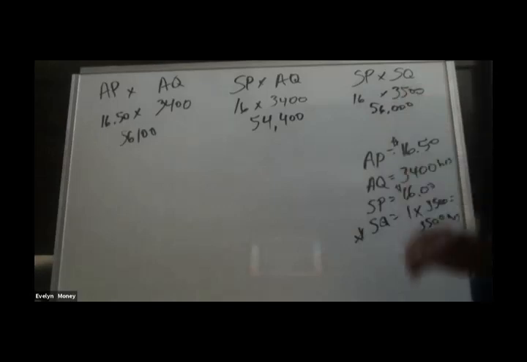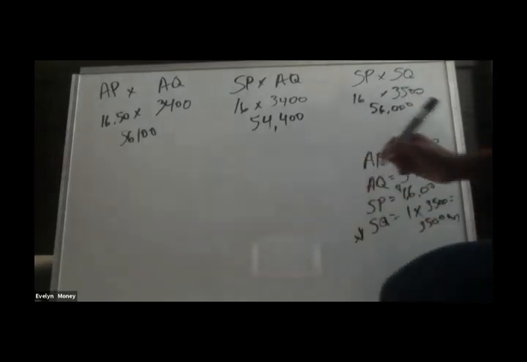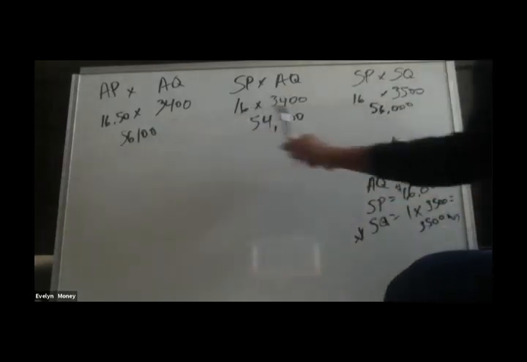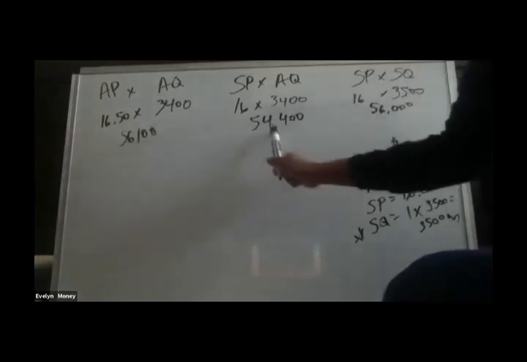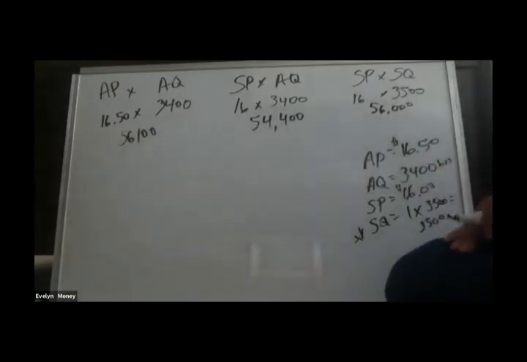We still have to subtract in the proper manner. So it's this number minus this number, and then this number minus this number. So I take 56,100 and I subtract the 54,400. I get a positive number, and that means that variance is unfavorable, $1,700.